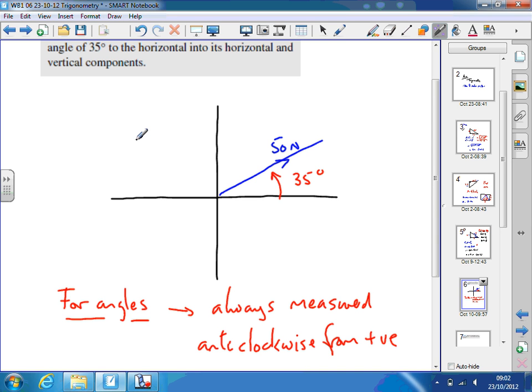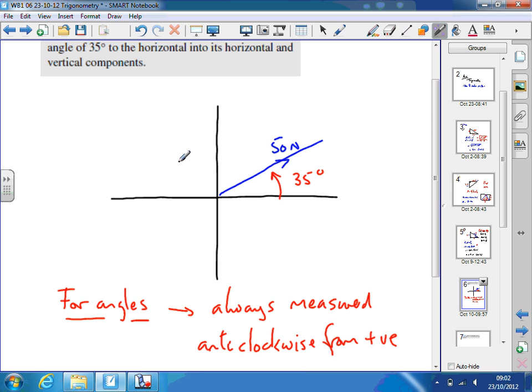Right, clockwise, so it'd be negative 215, or positive 180 minus 35, doesn't it? Which is 145, yeah. So I'd come round 145 degrees this way, and so I'd quote 145 degrees or minus 215. Okay? So that's the convention we use for measuring these angles.